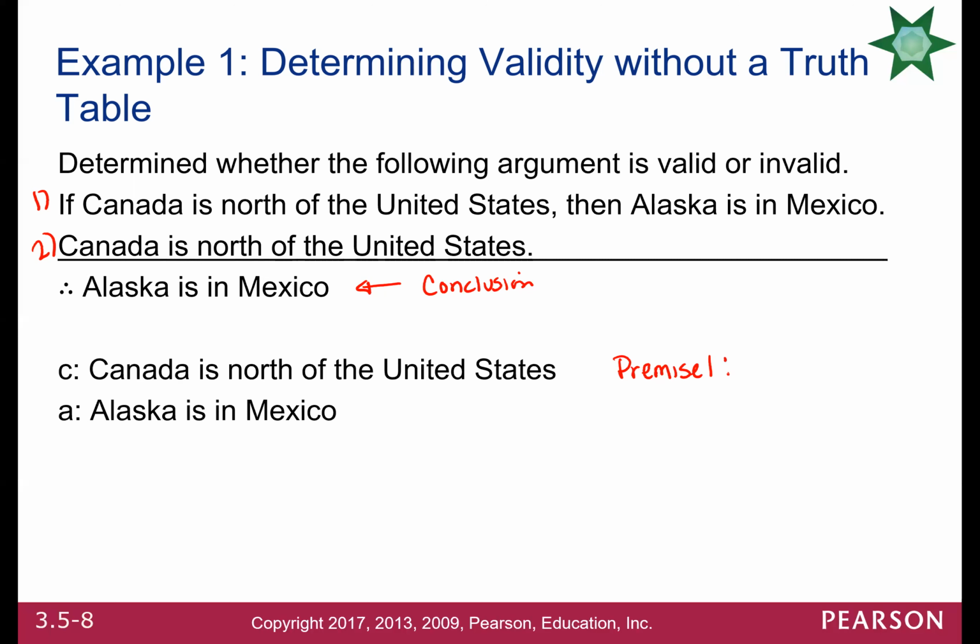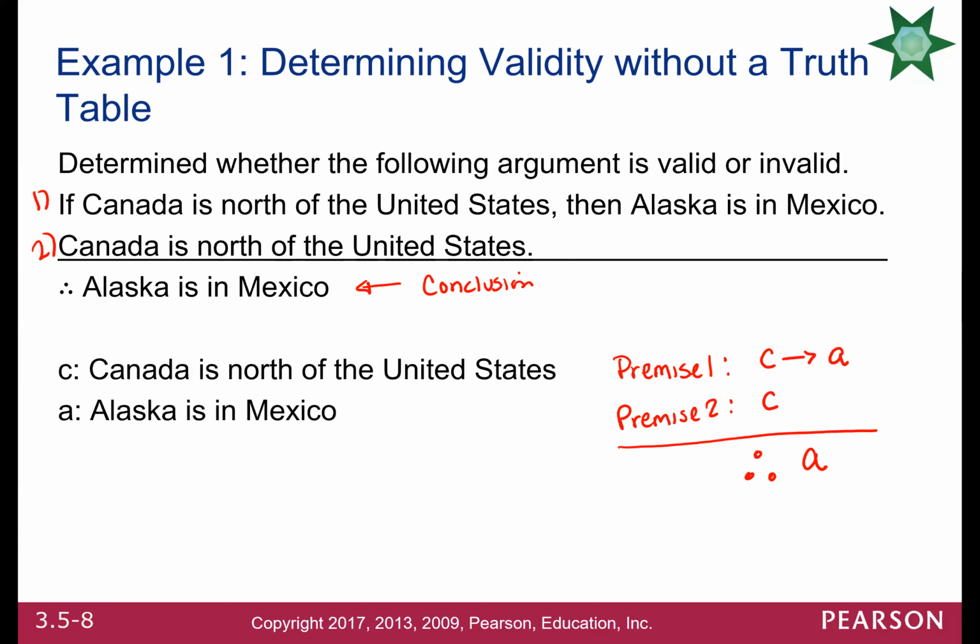So that is the conditional, if C, then A. My second premise is Canada is north of the United States, so that is C. According to the law of detachment, if my first premise is if C, then A, and my second premise is C, my conclusion must be A.